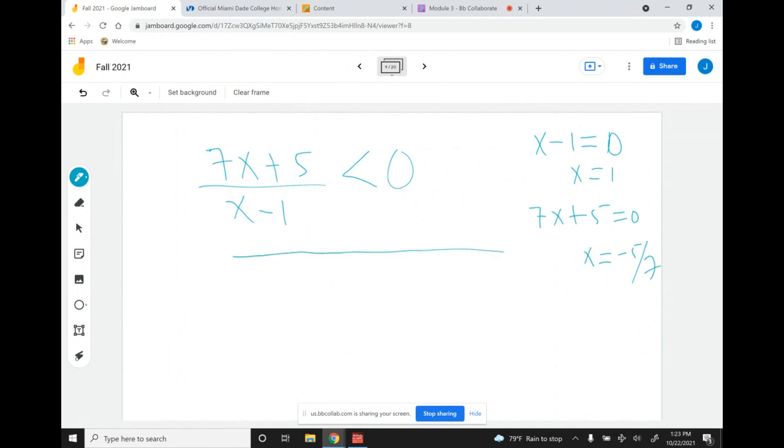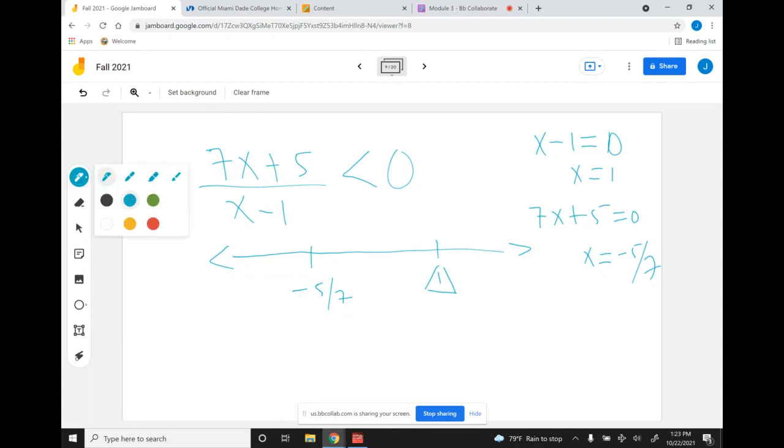So here's my line again. Here is 1, and here is -5 over 7. Now, the 1, I'm going to put it in a triangle, not to be included ever into the solution. In this case, also the -5 over 7 will not be included in the solution, and the way that we do that is by using a parenthesis.